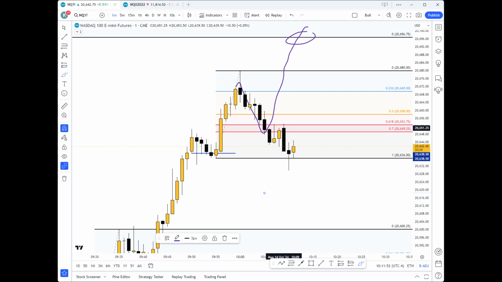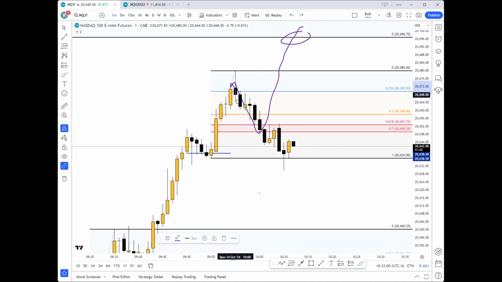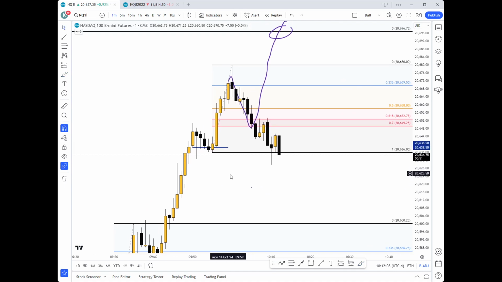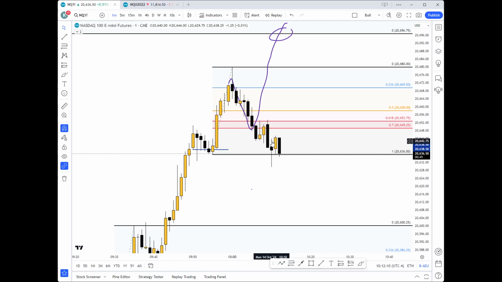But valid to look in here, and now you're looking at this failure twice, taking us lower, but we're still looking at attempts to reverse the trend on a lower time frame. That's important. We did get a body closure above this, yes. You're still looking at a very aggressive trade if you're going long in here, but you've now got a body closure over your last structural bearish candle.